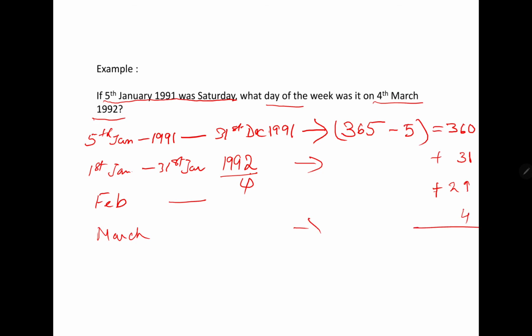So total 360 plus 31 plus 29 plus 4, it will be 424 days. Now 424 days divided by 7, we'll get 60 weeks plus 4 extra days. So the number of odd days till 4th March is 4. So 5th January 1991 is Saturday, 4 days after Saturday: Sunday, Monday, Tuesday and Wednesday. So the answer here will be Wednesday.